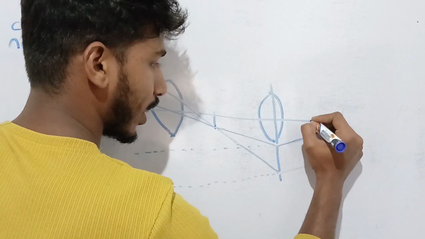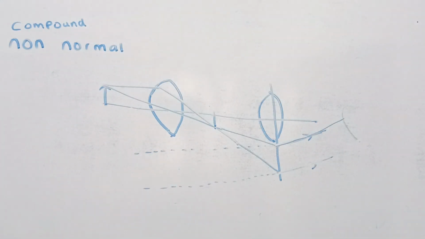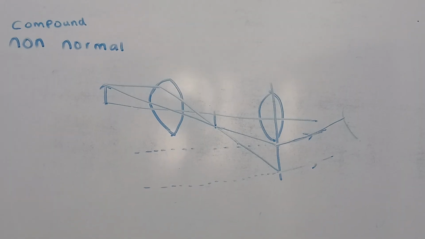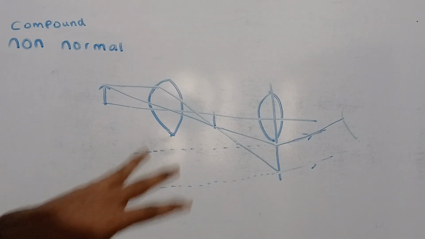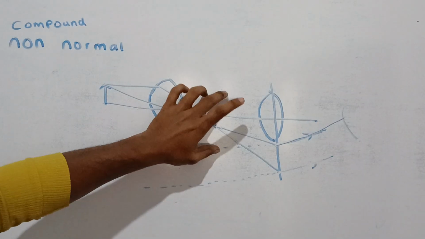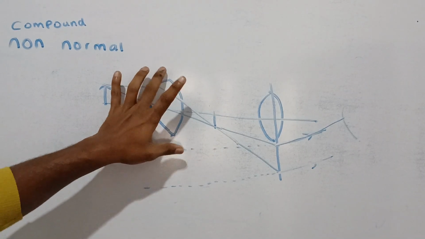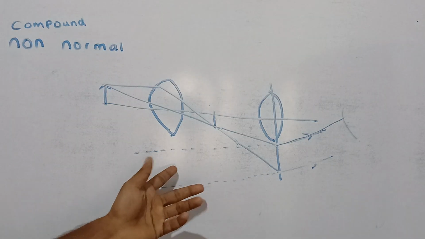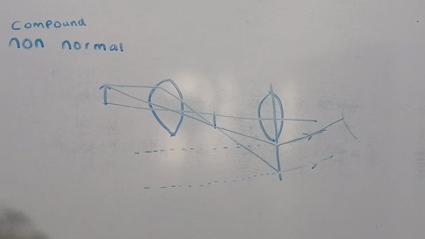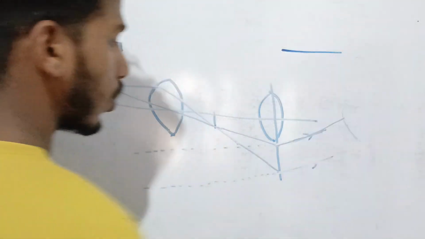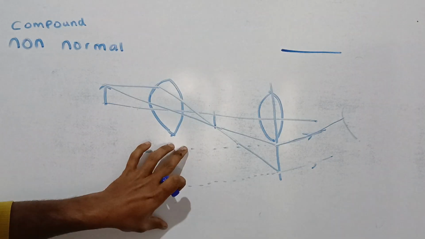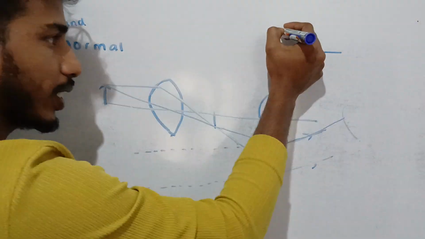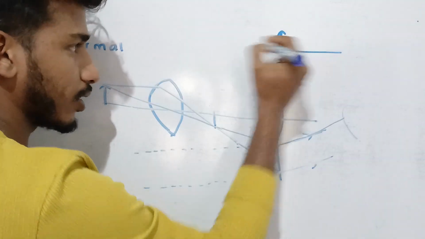So we must actually get an idea about this. The thing you should understand here is, now there's a real image produced by the objective lens, but there's a virtual image created by the eyepiece. You can see there's a virtual image. If you want to form a virtual image, of course, you must place an object at the focal point of the lens.